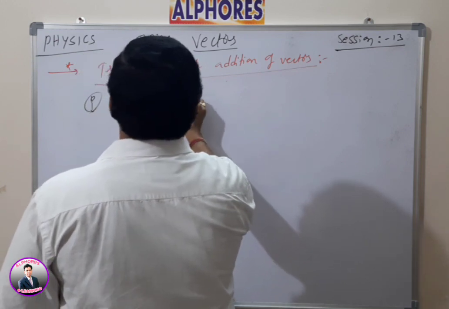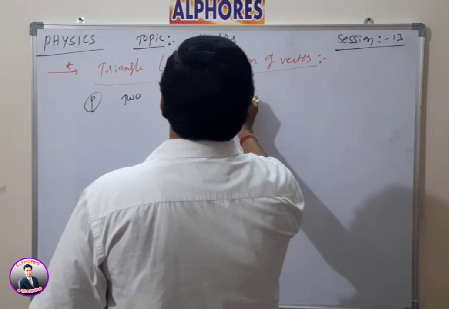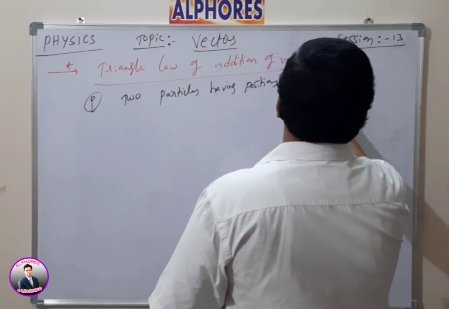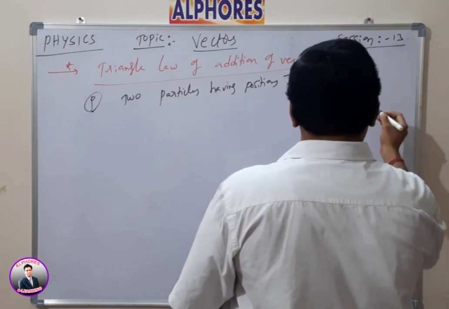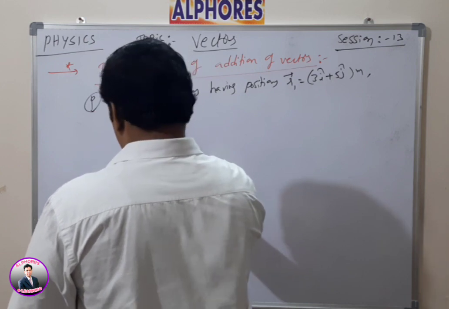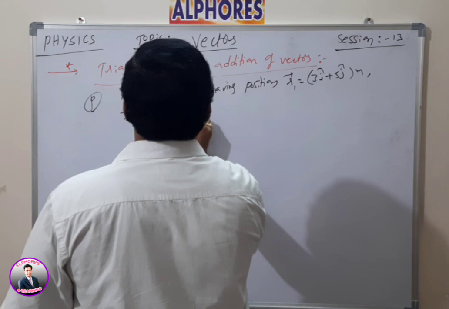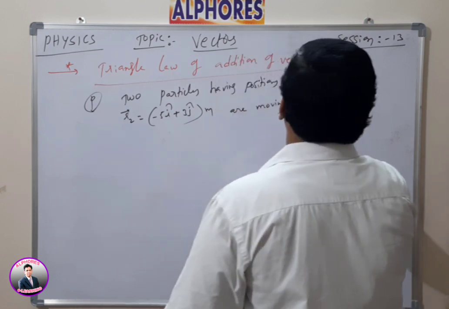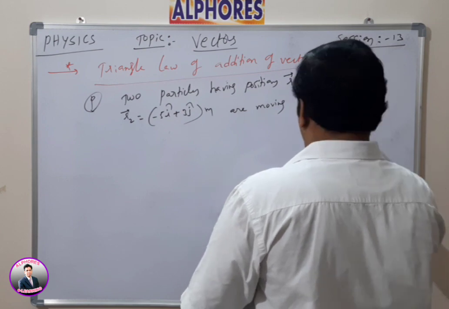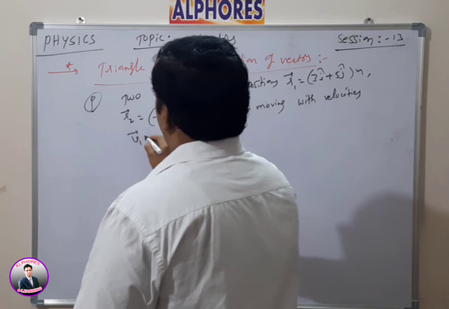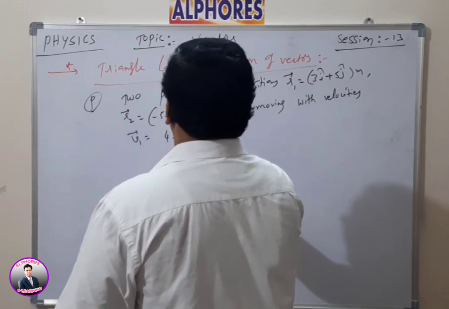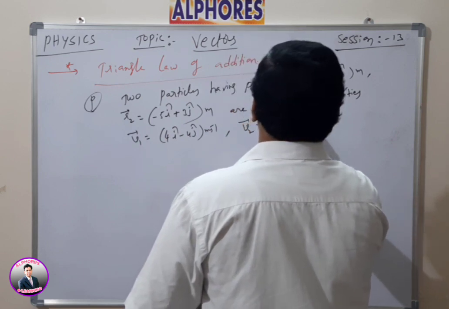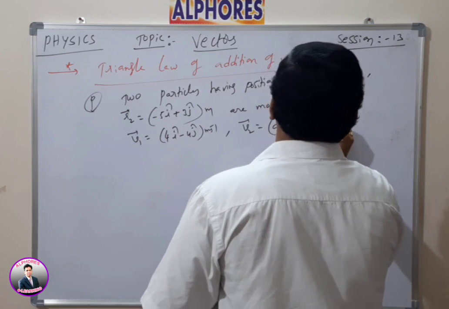Two particles having positions R1 bar is equal to 3I cap plus 4j cap meter, R2 bar is equal to minus 5I cap plus 3j cap meter, are moving with velocities, let us say v1 bar is equal to 4I cap minus 4j cap meter per second, v2 bar is equal to a into I cap minus 3 into j cap meter per second.